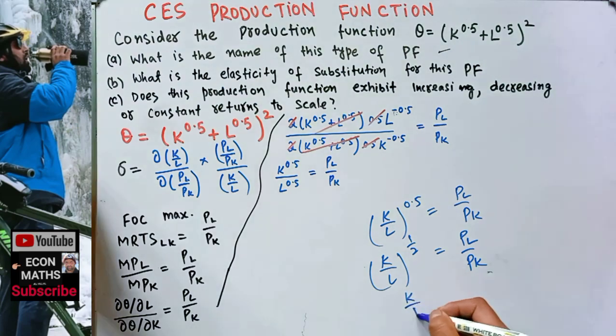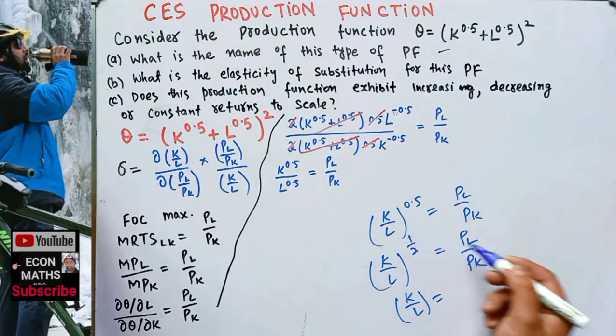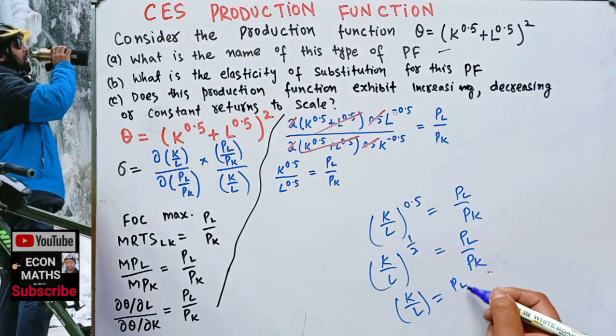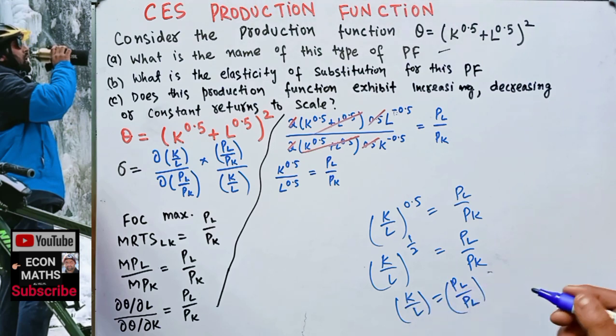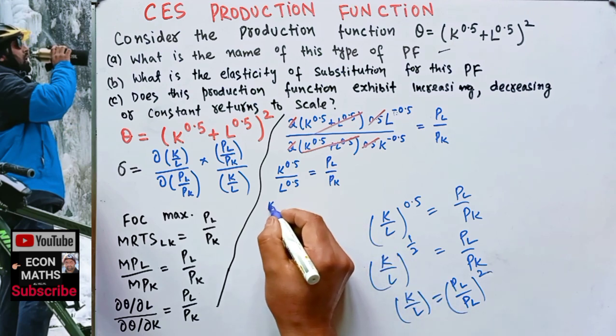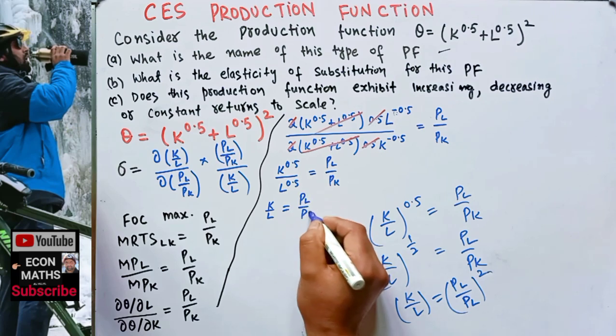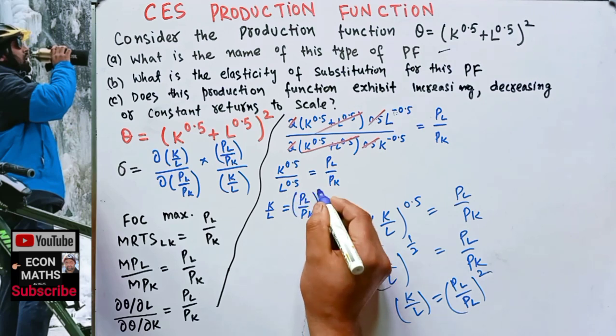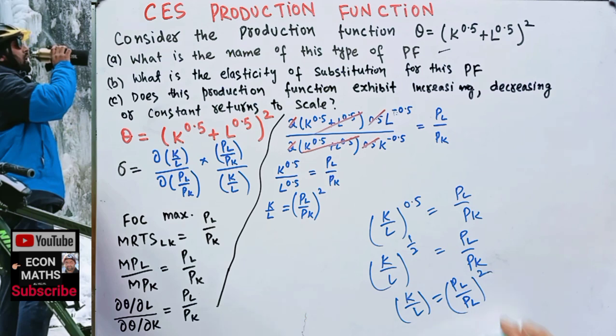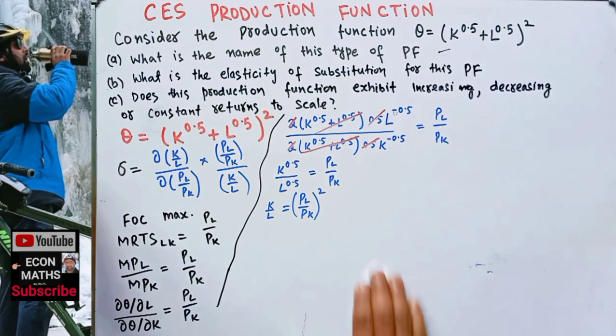So K upon L will be equal to, if I transpose the exponent, it gets reciprocated, and 1 upon 0.5 becomes 2. So now I can write K upon L is equal to PL upon PK whole square.